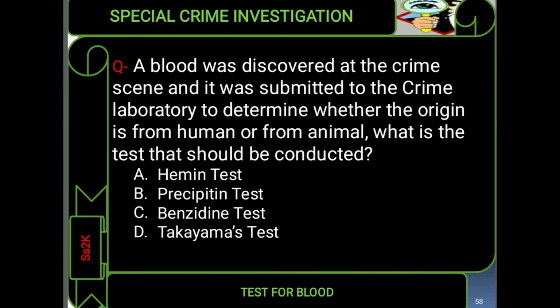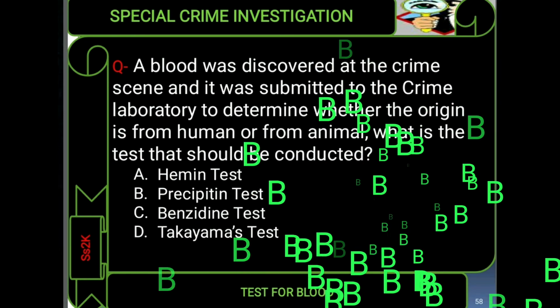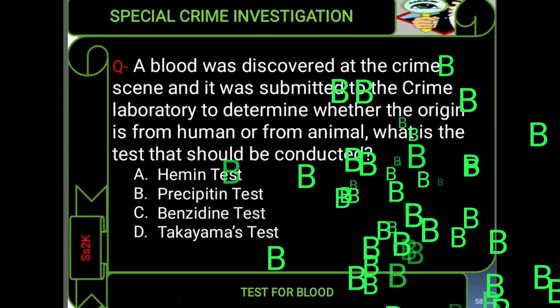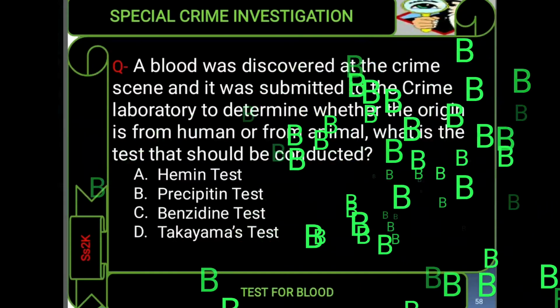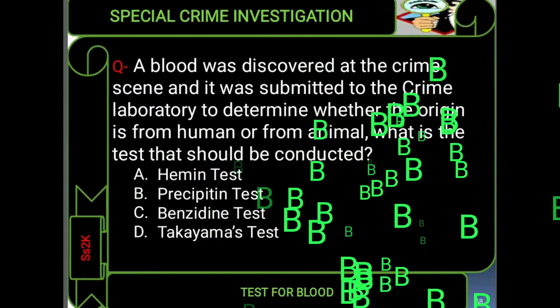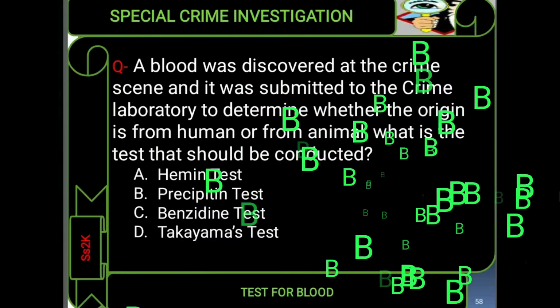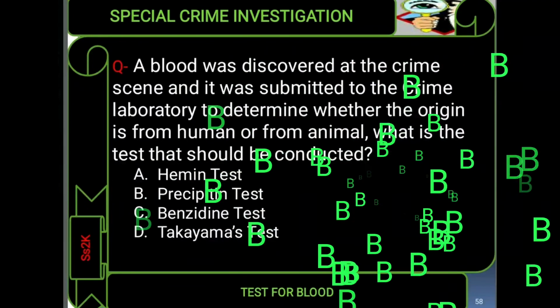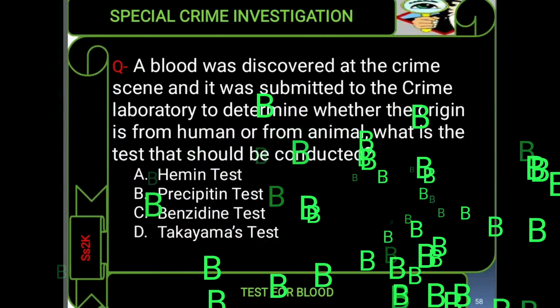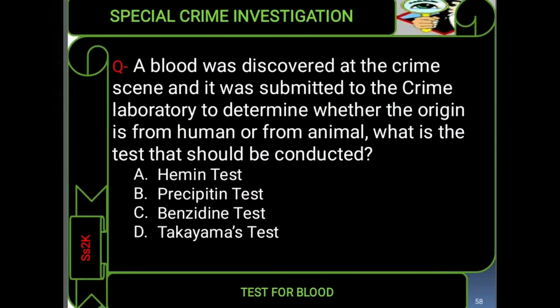Okay, so take note of that. The test to determine whether the blood that was discovered is from human or from animal is called precipitin test. And the test to determine whether the blood belongs to one person or not is, of course, grouping test. The benzidine test and Takayama's test are confirmatory tests for blood.